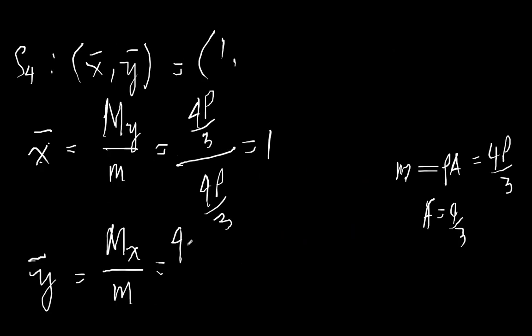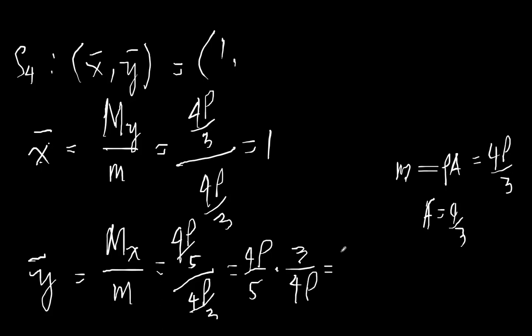So 4 rho over 5 over 4 rho over 3 is equal to 4 rho over 5 times 3 over 4 rho, which is equal to 3/5. Therefore, the coordinate of the center of mass of the lamina is (1, 3/5). This is now the final answer.